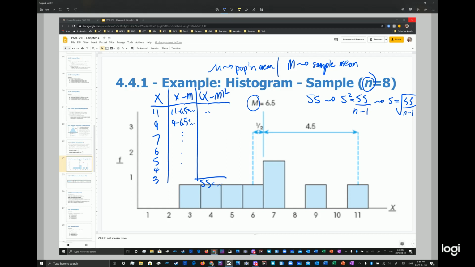If you're using sample data, you're going to work with sample sum of squares, sample variance, sample standard deviation. By doing this, you're going to avoid confusing yourself when you work with either set of data. And you're not going to mix up your formulas and techniques, so to speak.